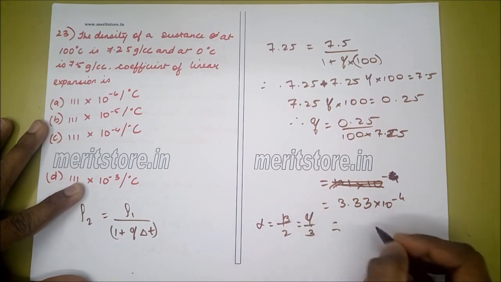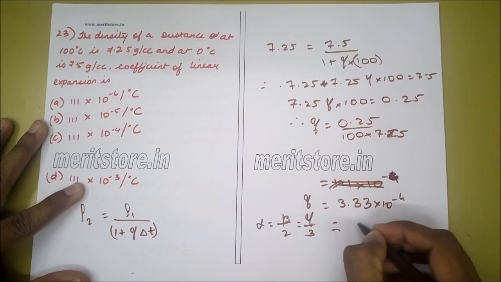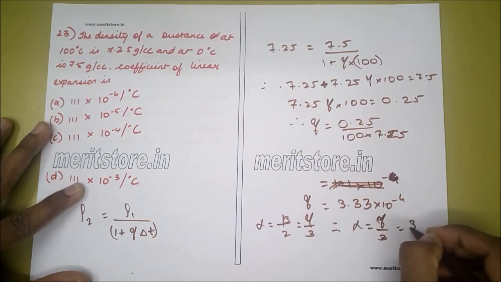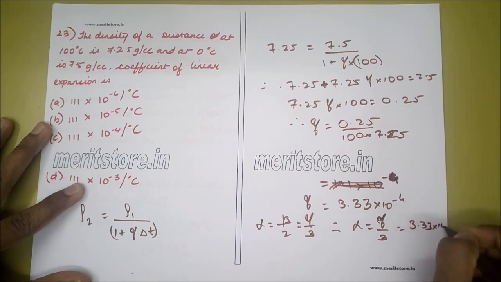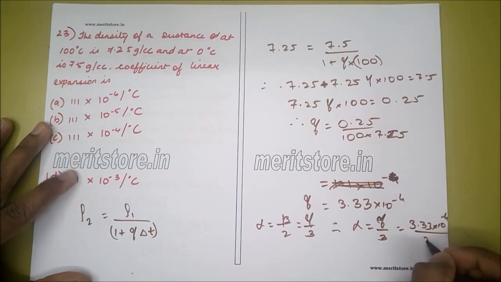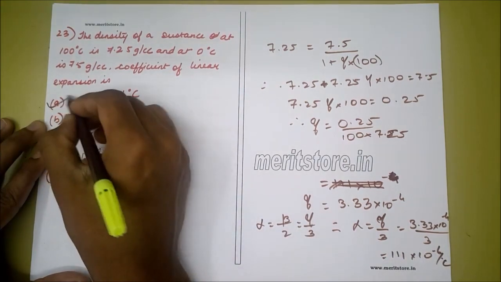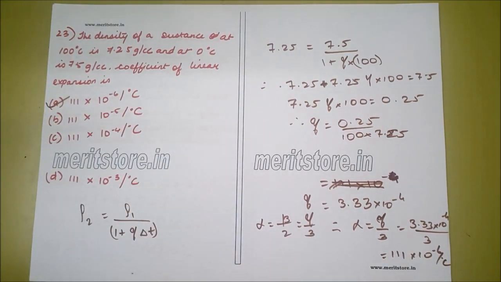So this is the value of gamma, therefore alpha is equal to gamma by 3, so that is 3.33 into 10 raised to minus 4 upon 3. So this value comes around 111 into 10 raised to minus 6 per degree Celsius. Hence option A is the correct answer.